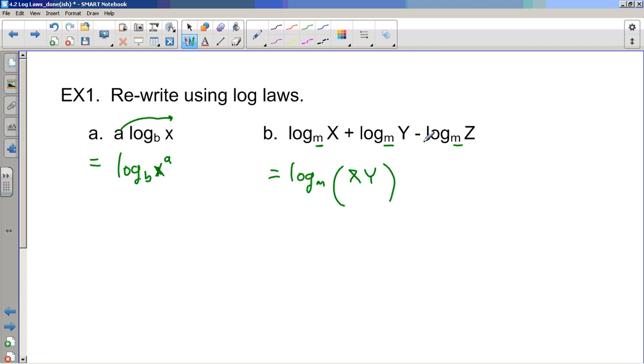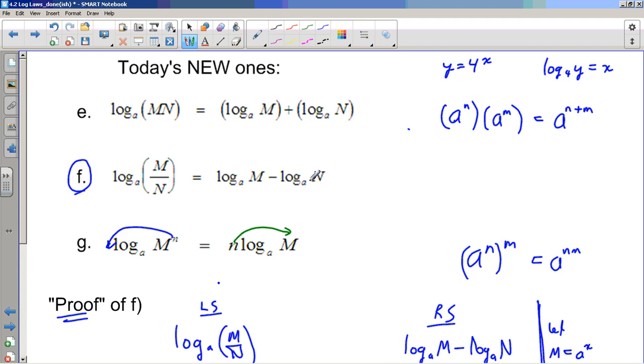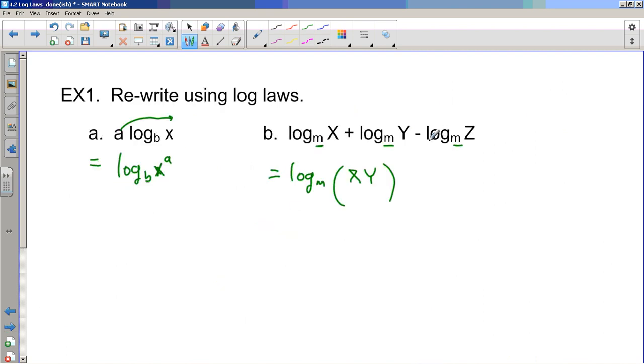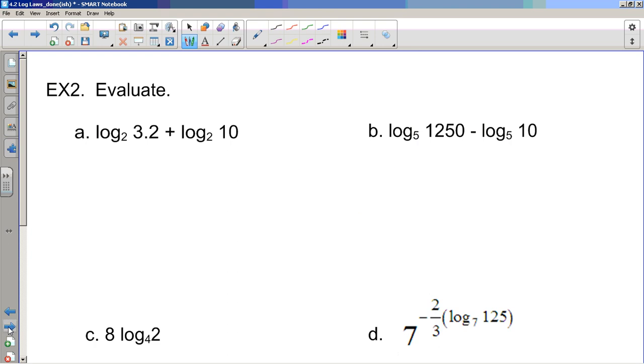Now, I left a little room here because this subtract log base m of z, well, that's kind of this one, right? When I subtract logs with the same base, I divide the powers, so that means this one's going to be over z. See, in this part, maybe I can do in my calculator, right? Maybe. Right. And these rules we can actually get used to evaluate a whole bunch of stuff.